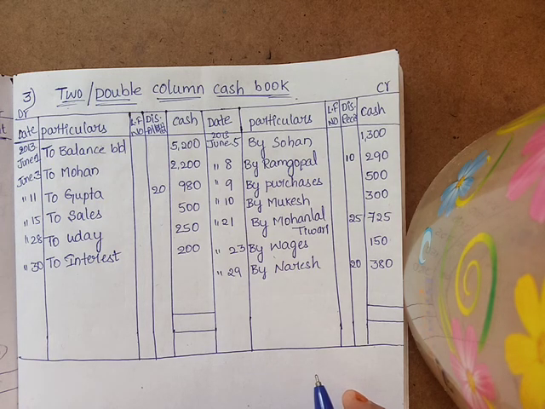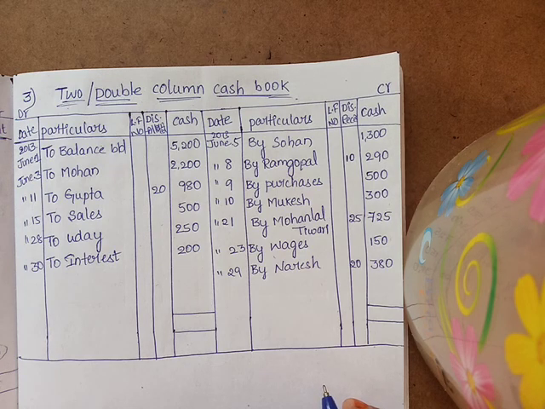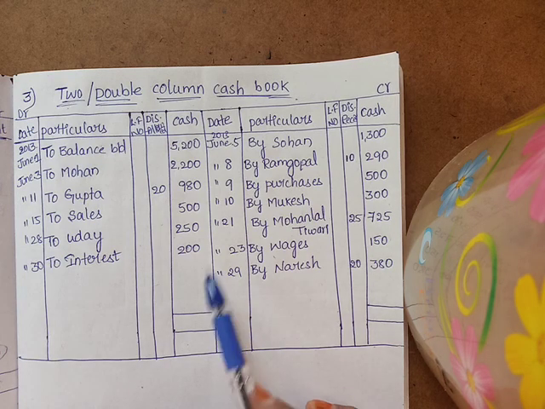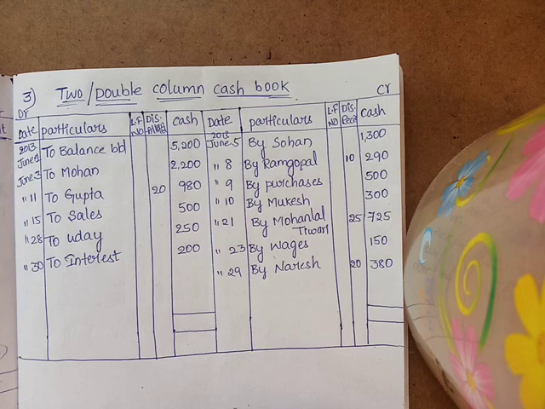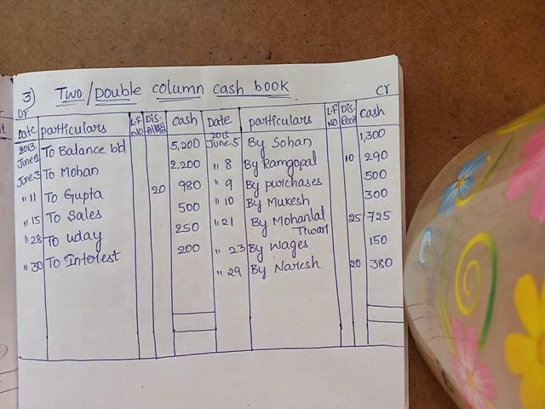5,200 plus 2,200 plus 980 plus 500 plus 250 plus 250 plus 200. How much is the total of the debit side? 9,330.